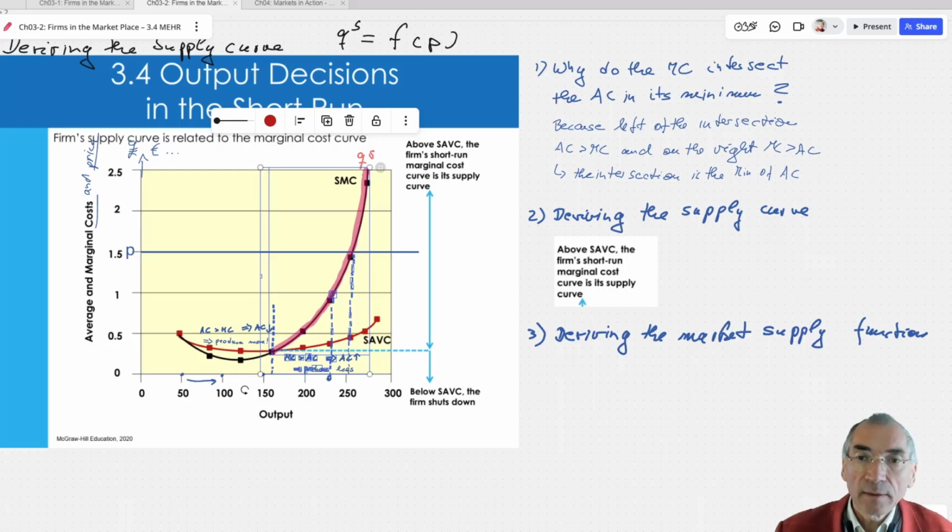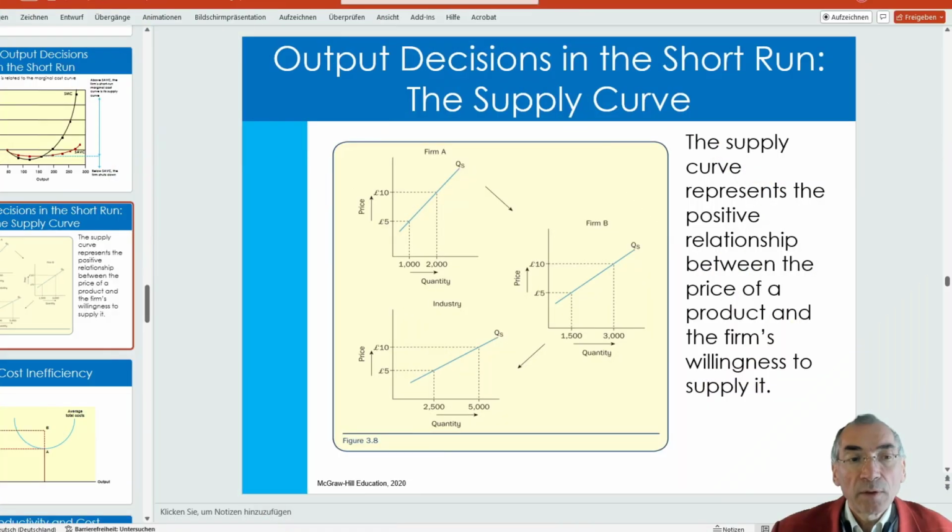The next slide in our presentation shows this. Figure 3.8 represents exactly this. At a given price, let's say of £5, firm 1 is willing to produce or to supply 1,000 units. Firm 2 is willing to supply 1,500, and we have to add this up for all the firms.